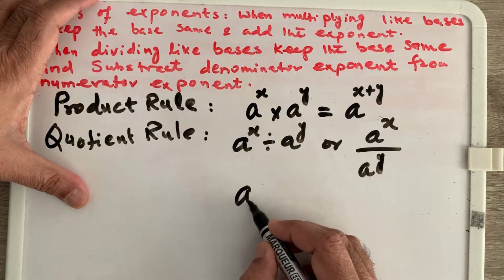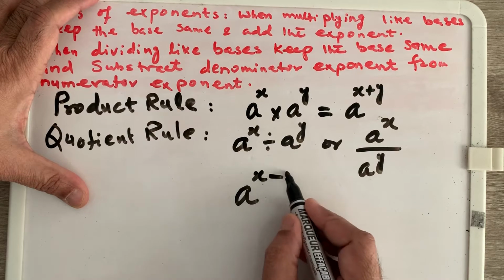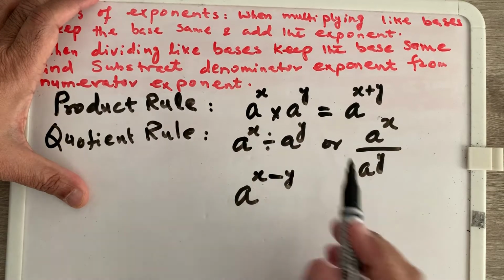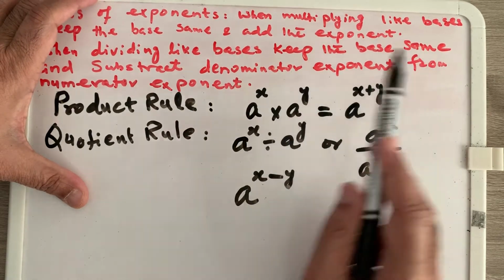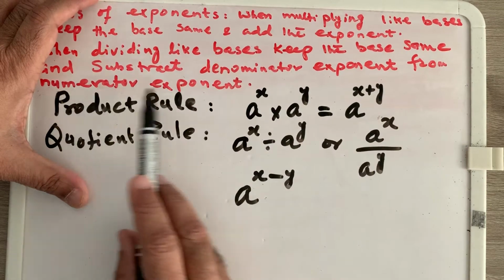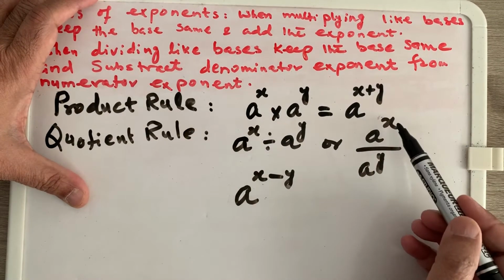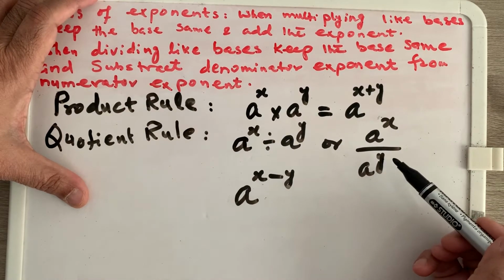So I will keep the base same and subtract the power, x minus y. So when dividing like bases, keep the base same and subtract the denominator exponent from the numerator exponent. So I subtract it, right? So x minus y.